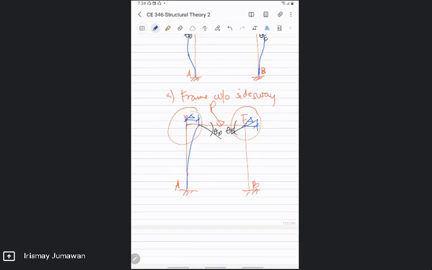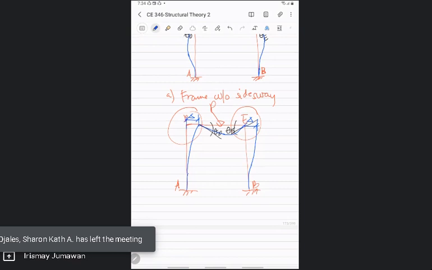Then from a point of inflection, we change the direction of the curve. Here, tangent to that line is your elastic curve. And here, you have tangent also to this line.